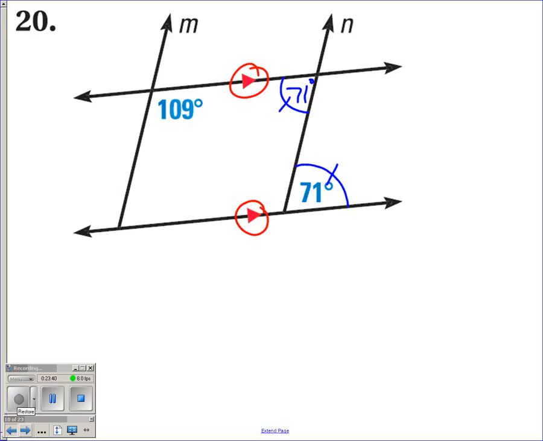Well, I also know this angle with the original 71. This is a pair of angles that are same side interior. Same side interior angles have to be supplementary. So the supplement of 71 degrees, the angle that adds up to 180, this has to be 109.